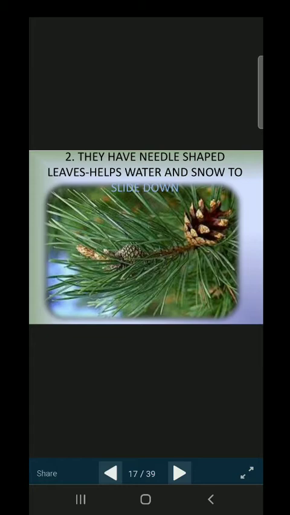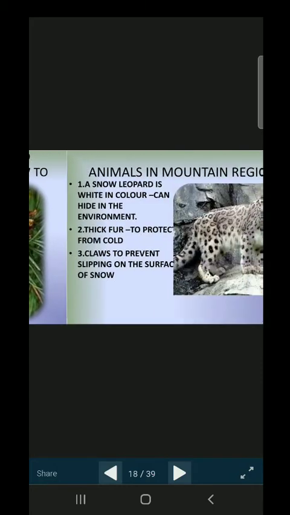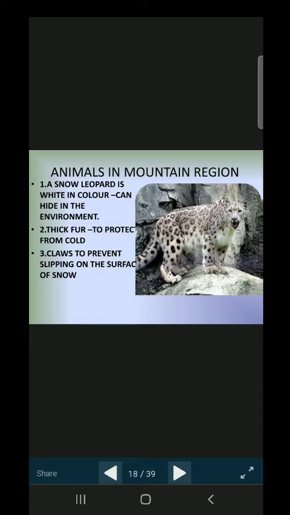This kind of leaves helps water and snow to slide down. Animals in the mountain region: the snow leopard is white in color and it can hide in the environment. So that is the adaptational feature of this kind of animal. They also possess thick fur that will protect them from cold. They also have claws to prevent slipping on the surface of snow.